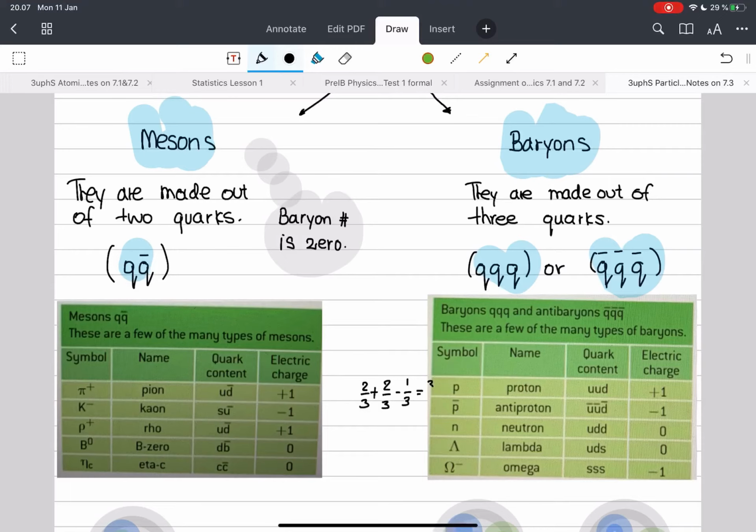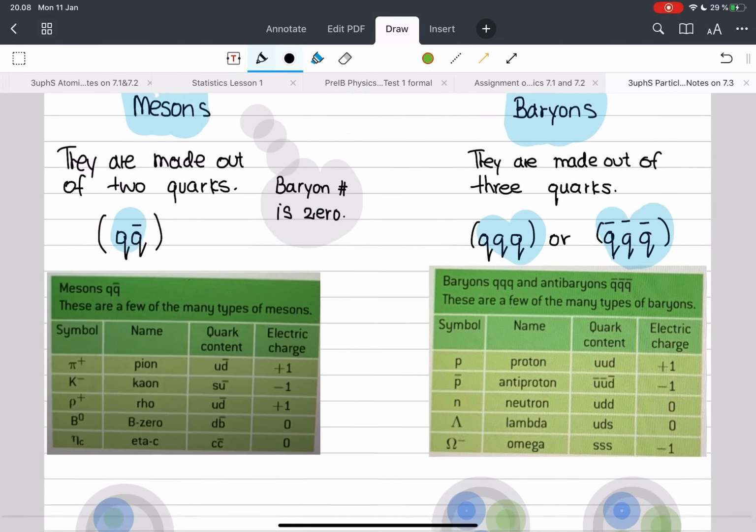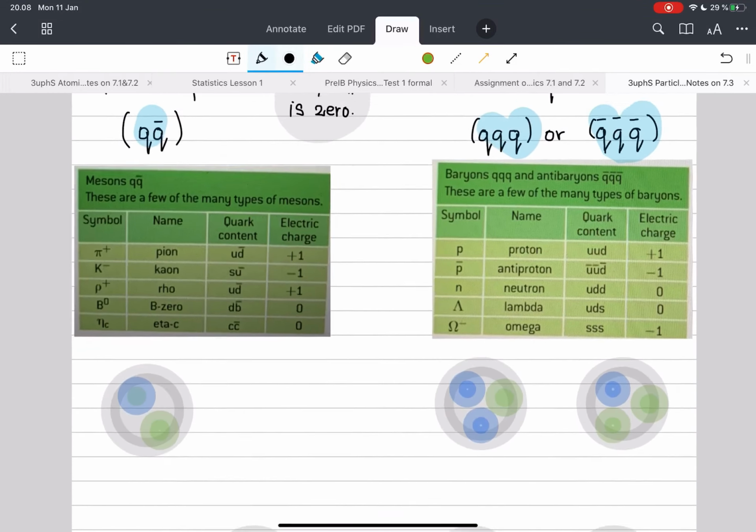That would give you 3/3, which is 1. That is why the charge of the proton is +1. Now, if you take, for instance, the antiproton, it has anti-up, anti-up, and anti-down quark content. So mesons are made out of 2 quarks.